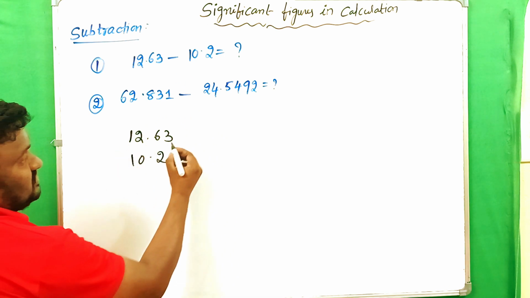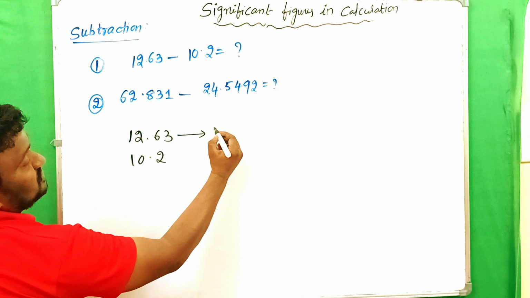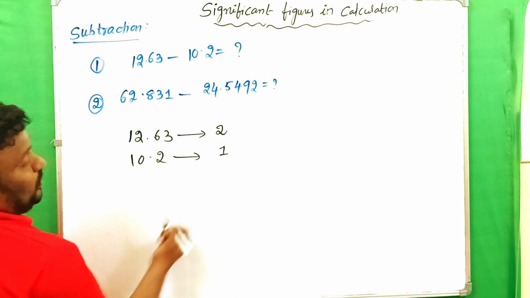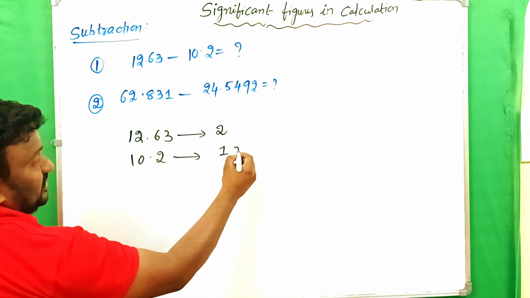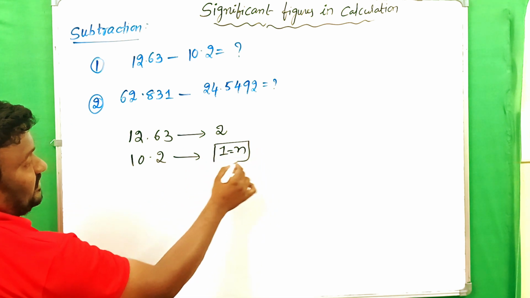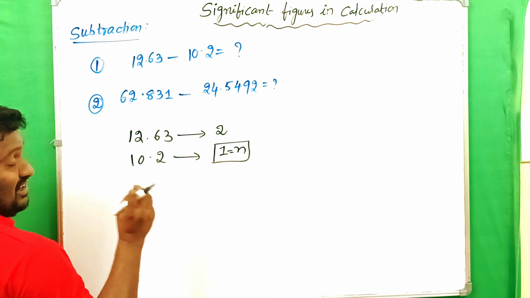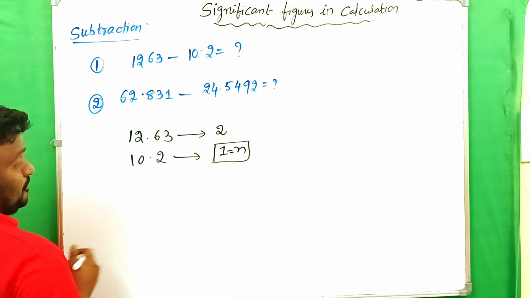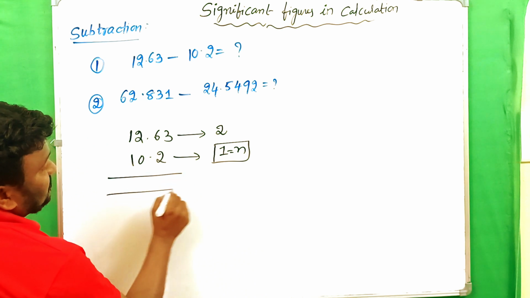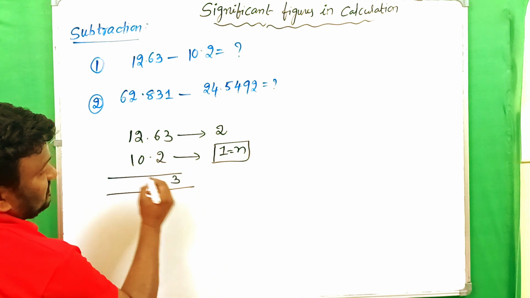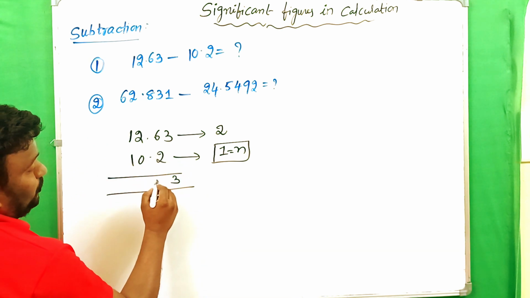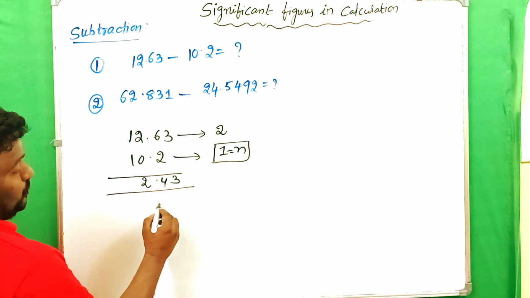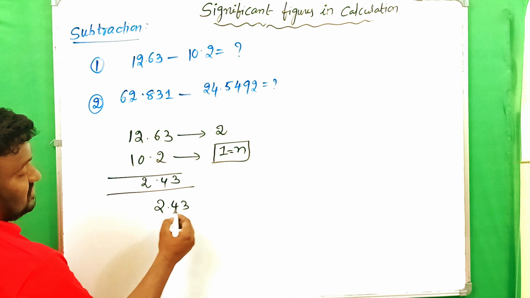Among these numbers, this one has 2 decimal places and this has only 1 decimal place. That's why the n value is 1, which has the least decimal places, that should be taken as n. Now we have to do the subtraction here: 3 and 4, and 12 minus 10 is 2. 2.43, this is the answer.